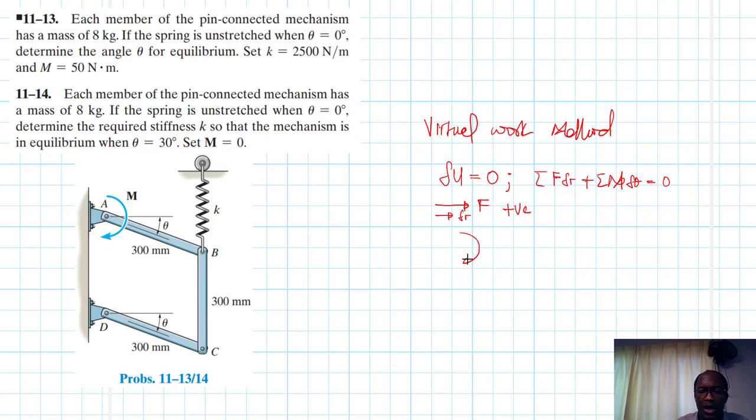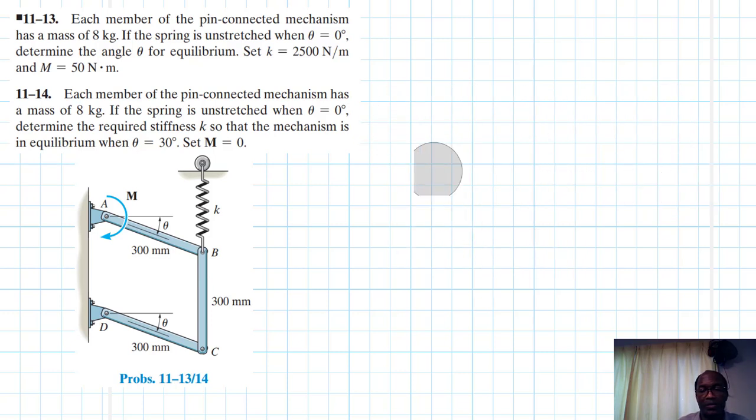We can also have a couple moment M and rotational virtual displacement del theta, and for virtual work to exist, the two must be collinear or parallel, and if they're in the same direction, then we have positive virtual work, otherwise we have negative. So in a nutshell, this is what the virtual work method is.